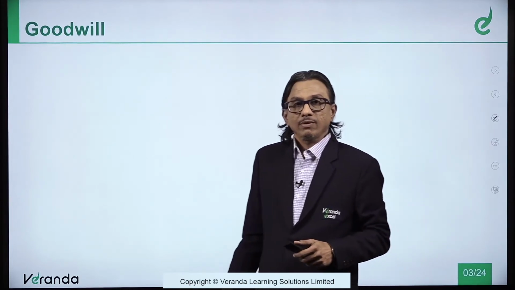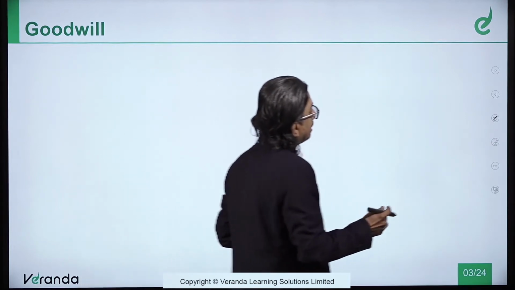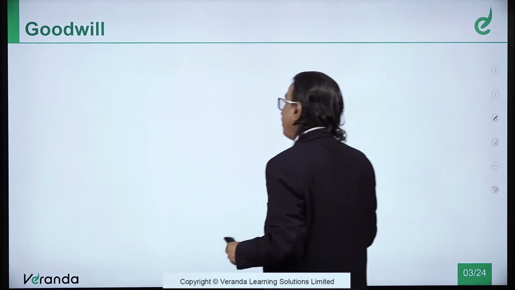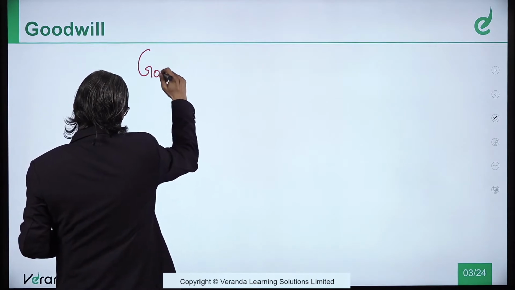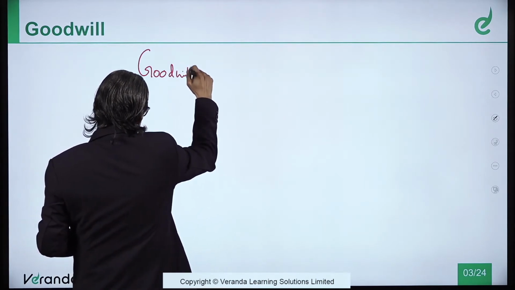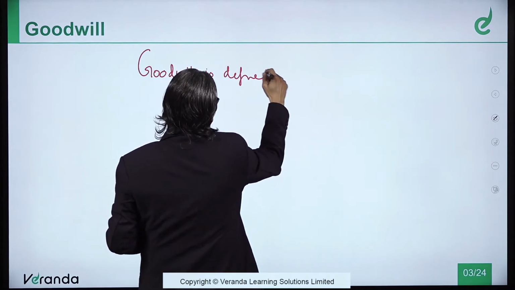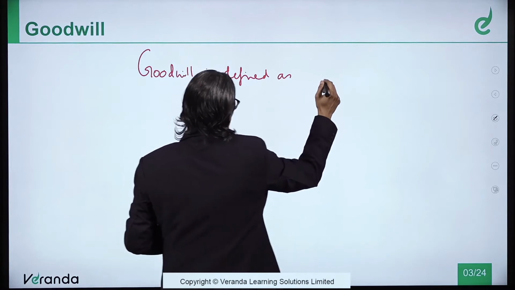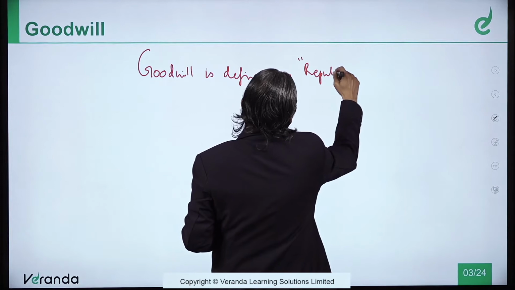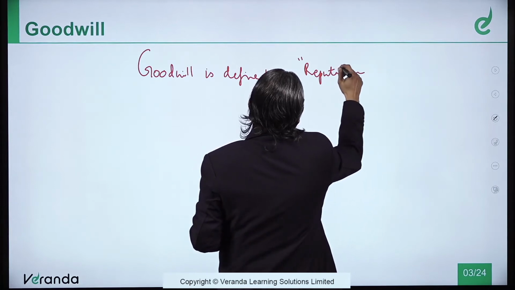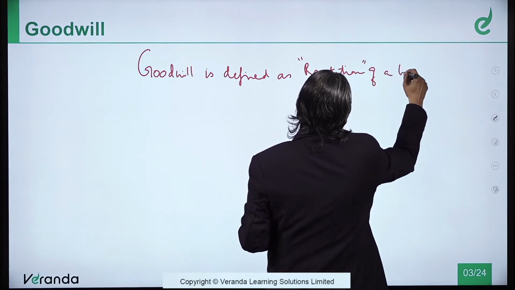Goodwill. What is the meaning of goodwill? Goodwill is defined as reputation of a business.